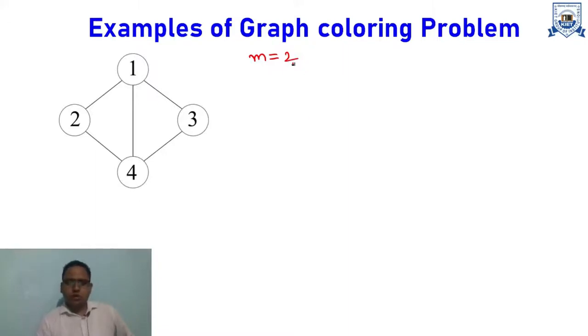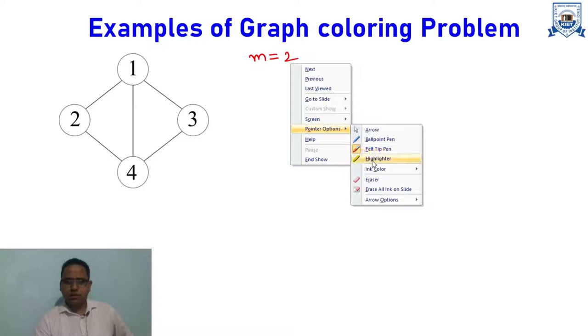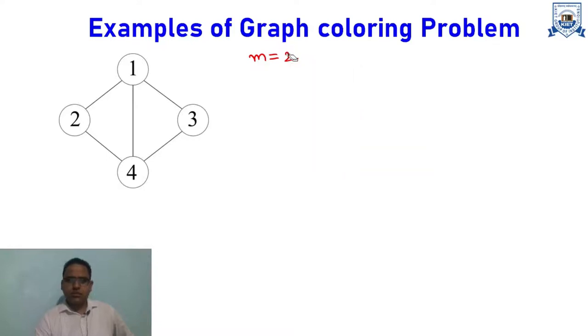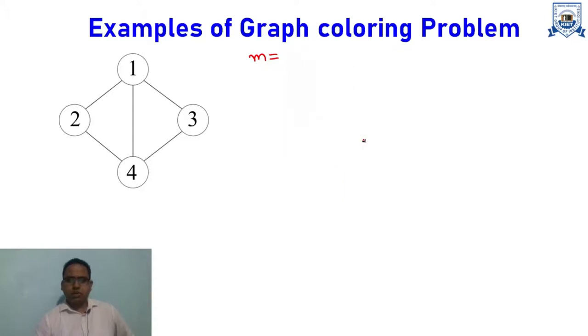We can't color it with 2 colors. So let's try with 3. Can we color this graph with 3 colors? Yes. So we take M as 3, and the colors are red, green and blue, RGB.